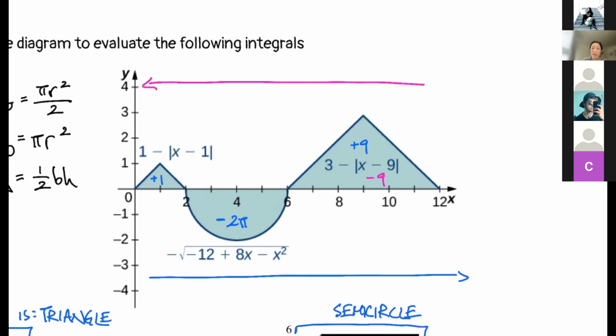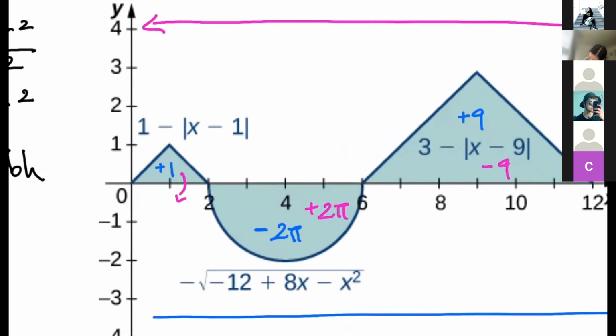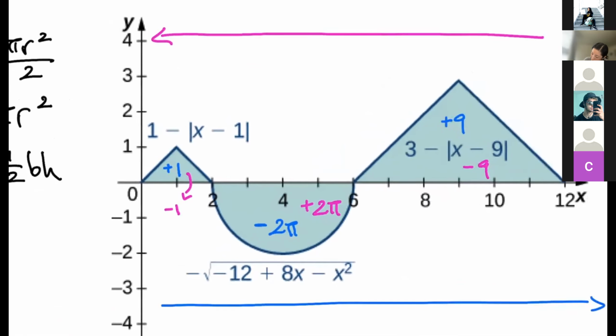What does that make our -2 pi? It becomes a positive 2 pi. And what about that 1? -1. Oh, I did not leave enough space. We'll just draw a little arrow, -1.